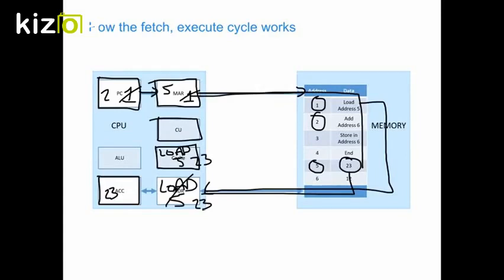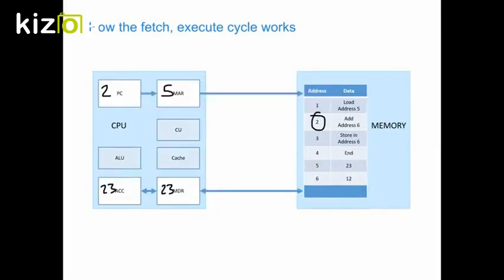Let's just clear the annotations to make the illustration a little simpler to follow and have a look at what happens next. So the program counter is pointing to the address of the next instruction in memory, in this case 2. So 2 is going to get passed into the memory address register and out to the memory, and we can fetch what is in address 2 down into the MDR.